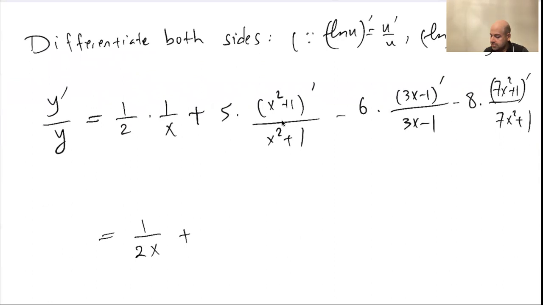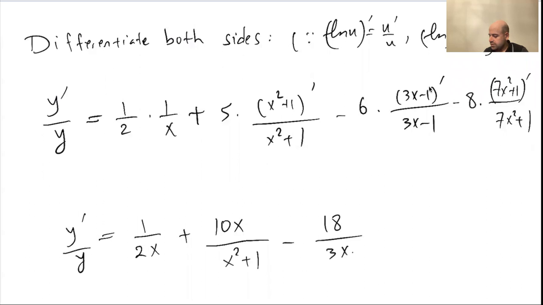So y prime over y equals 1 over 2x, and x squared plus 1 derivative is 2x, so times 5 is 10x, so plus 10x over x squared plus 1, minus, 3x minus 1 derivative is 3, so times 6 is 18, so minus 18 over 3x minus 1.